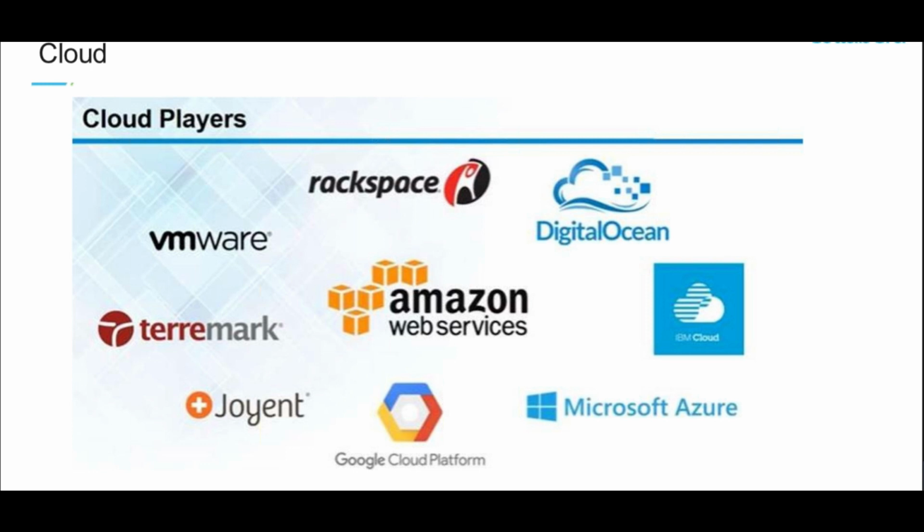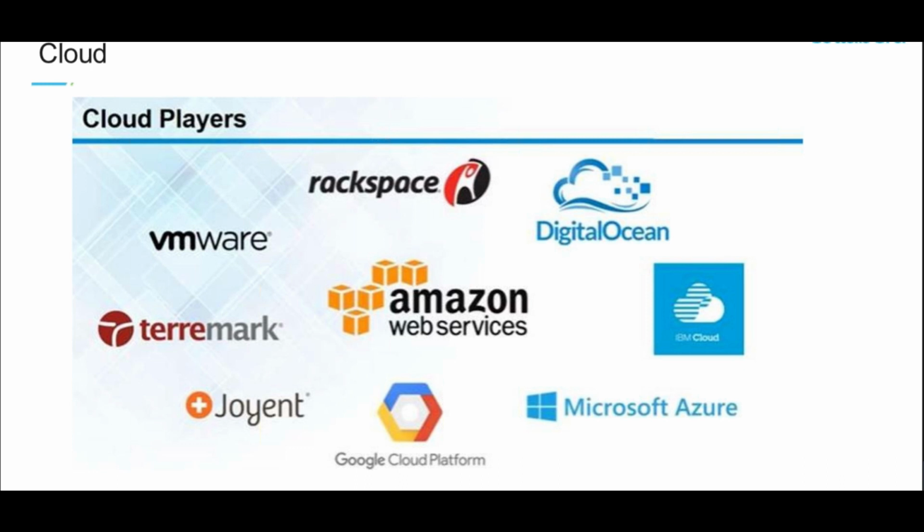Okay? And some of the cloud players that are available in the market, you must have heard about Amazon Web Services, which is called AWS. You have Microsoft Azure, Google Cloud Platform, the one which we are going to discuss, Rackspace, VMware, and DigitalOcean, many more. Alibaba is also there. IBM Cloud is there. Likewise, Oracle is also offering cloud. Cisco is offering their private cloud.